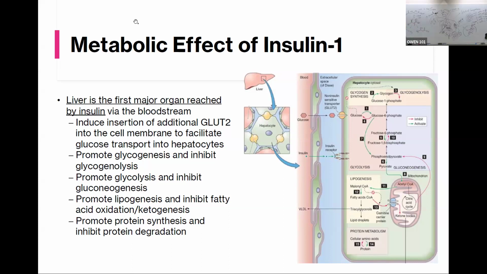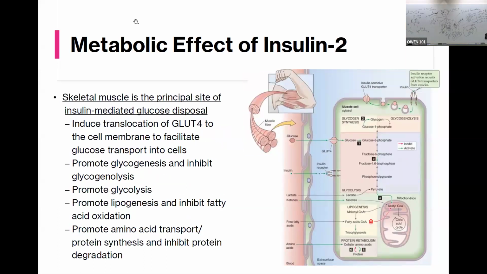So when you eat, of course you make protein. But if you are hungry, then you will break down proteins. And then the next target is skeletal muscle. Skeletal muscle, we discussed this several times already. The same thing, right? The insulin will induce the expression of GLUT4, and then the cell will take glucose in.